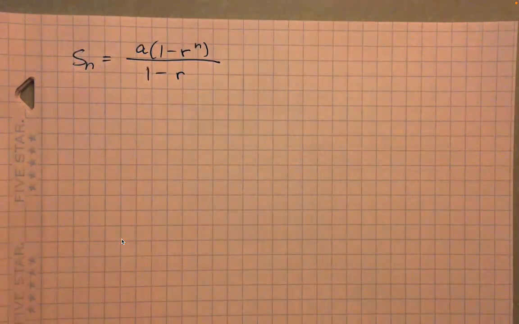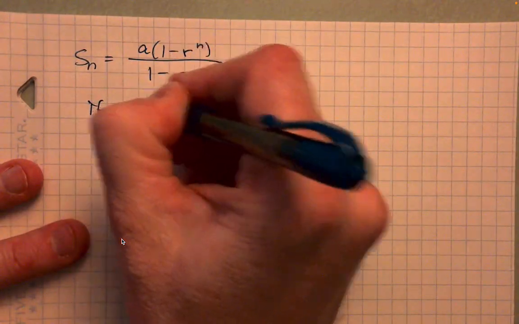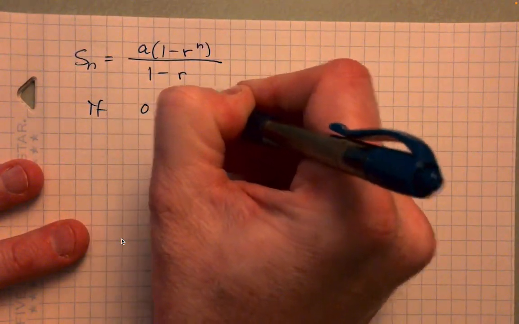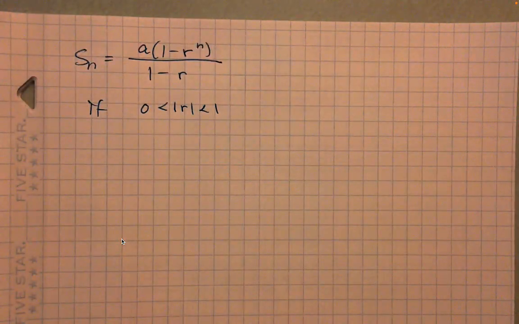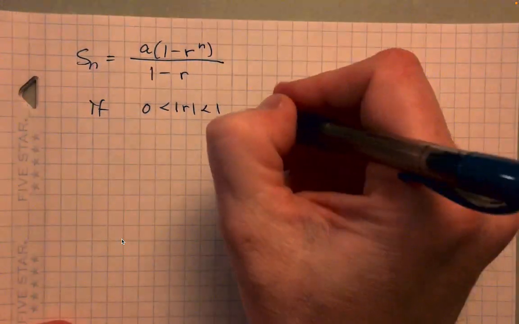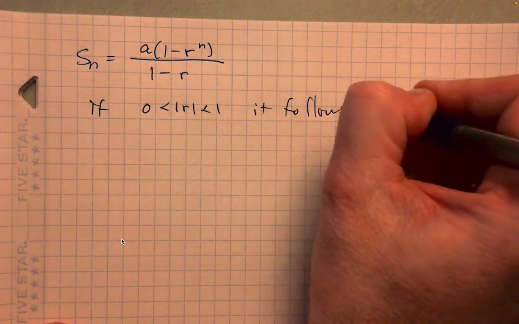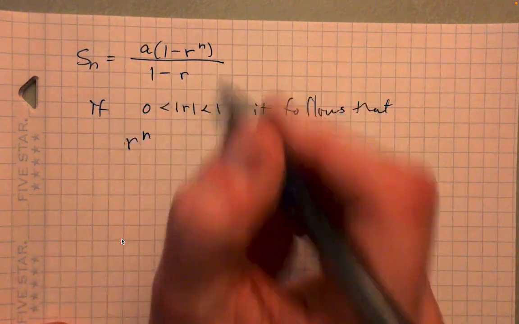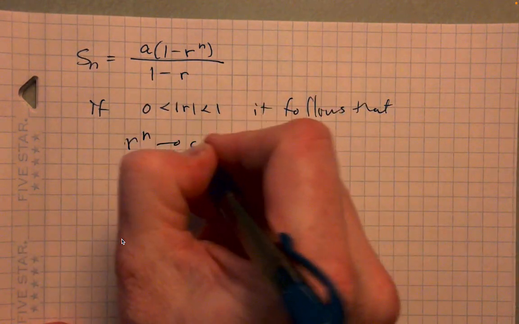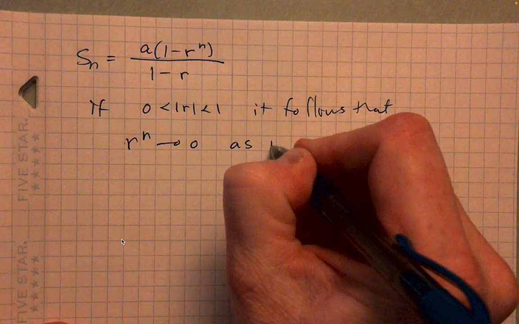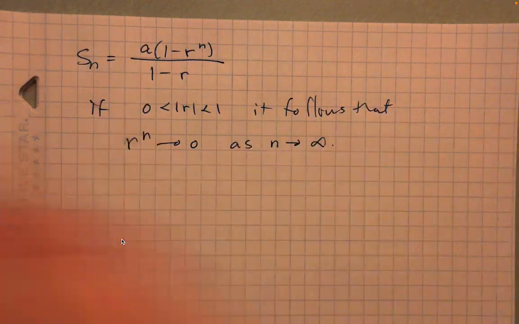So now let's talk about, so we know that r is not positive or negative 1, right? So if 0 is less than r, which is less than 1, so basically r is between 0 and 1 in absolute value. If that's true, it follows that r to the nth power goes to 0 as n goes to infinity.